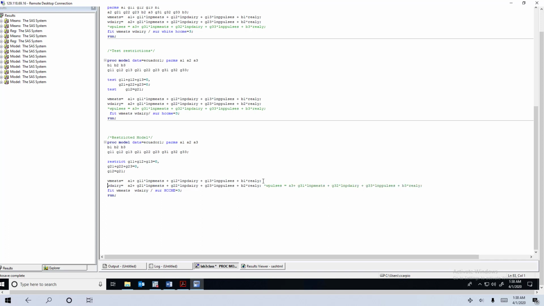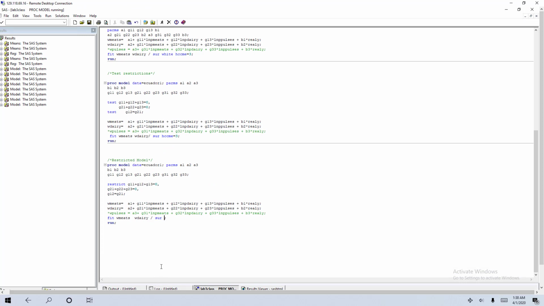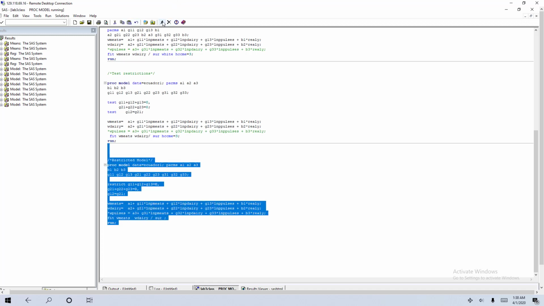I'm going to rewrite here the model. Okay, and again here, first let's use it without HCCME to see what happens. Okay, and then, instead of having test, we just write restrict and run the model.